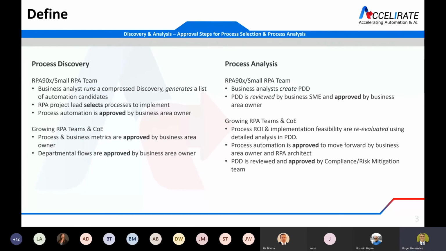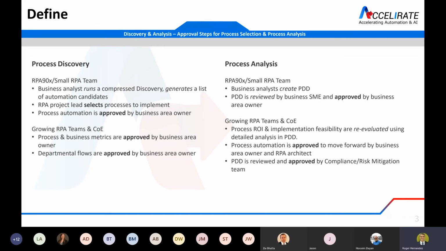Now, in the definition side, there aren't as many approval steps and approval gates that apply as there would be in the implementation and support side, but there are still some. For a small team, really the only approval step is which processes get selected for that initial engagement or for the wave-to-wave engagements that are picked to be implemented by the 2 or 3 developers that you have in your team.